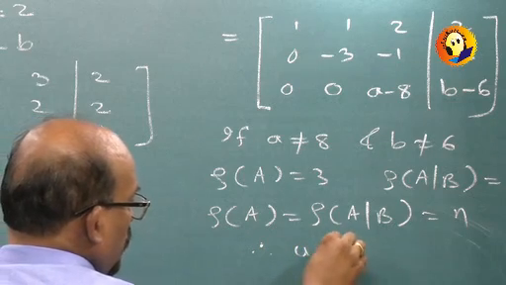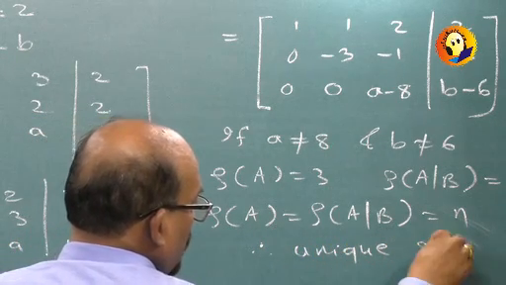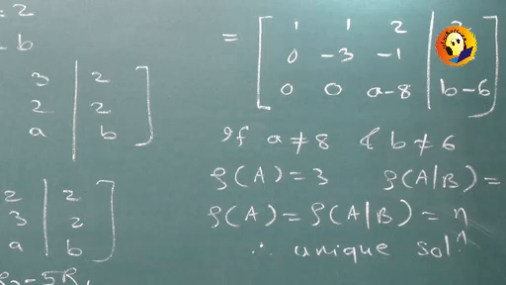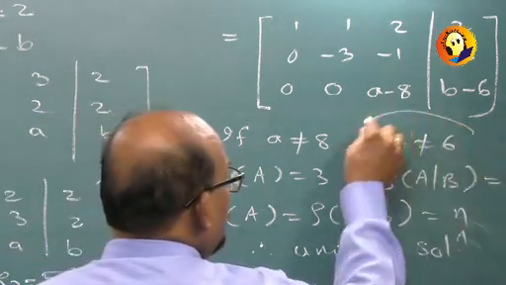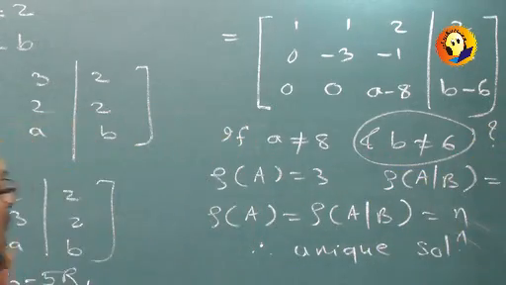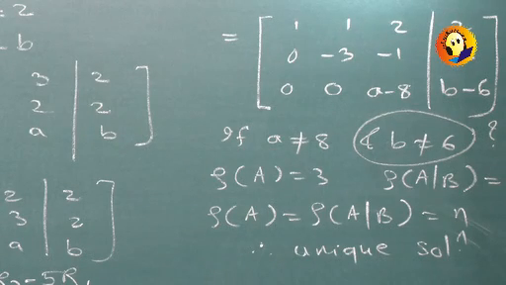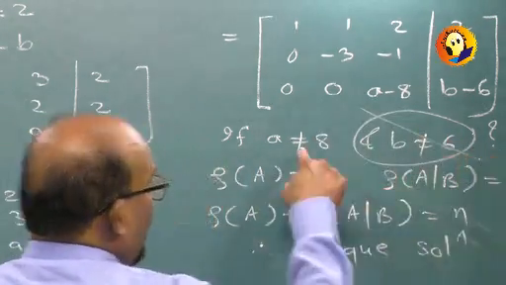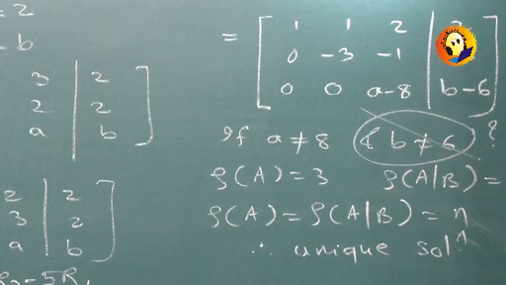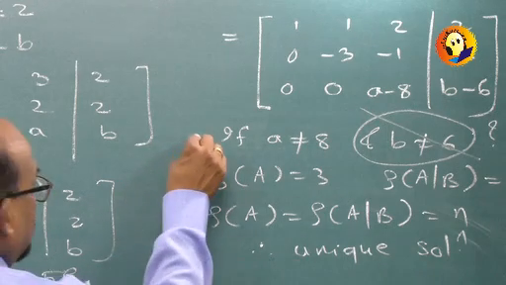Therefore unique solution. Right? Simple, straightforward. Now just tell me, even if this condition is not there, if a is not equal to 8, still this is true. In that case, the last value z will come out to be 0, but it's a unique value. So we don't require this at all. It is only under the condition a not equal to 8 that we will have this situation. This is one case.